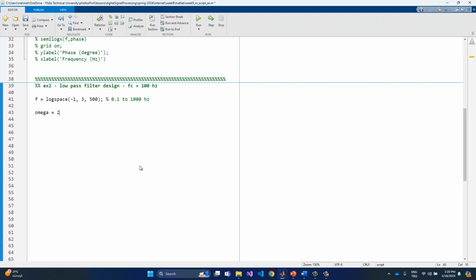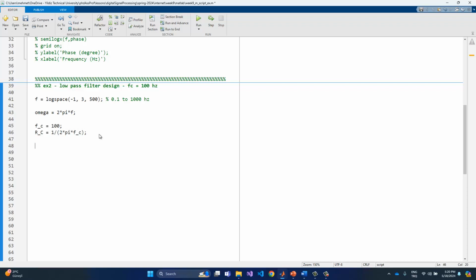And omega should be calculated with 2 times pi times f, and fc can be set with 100, and after that the RC value can be calculated with 1 divided by 2 times pi times fc, right? This is the correct relation of R times C for this low pass filter, okay?